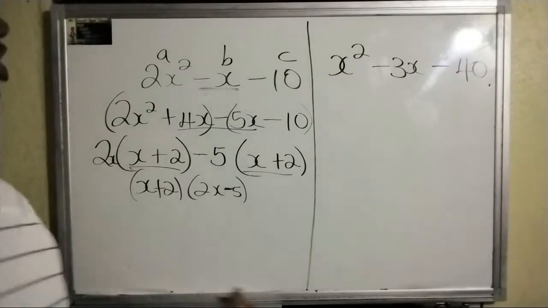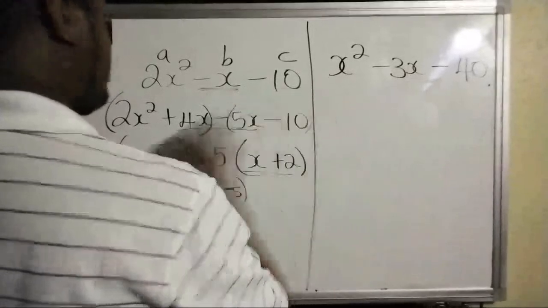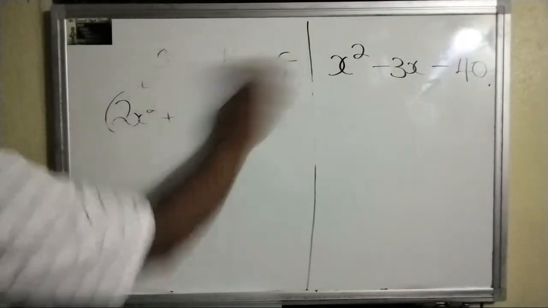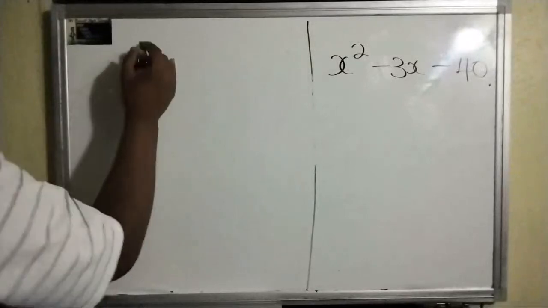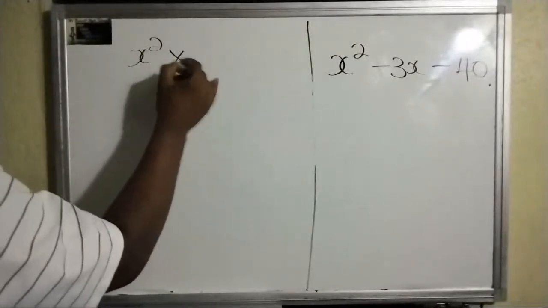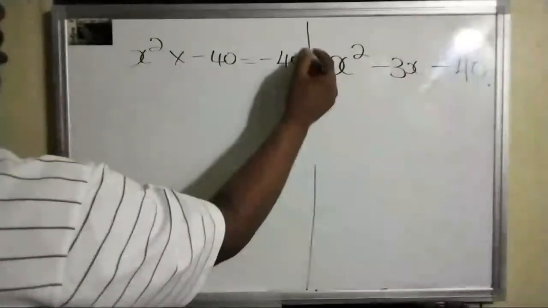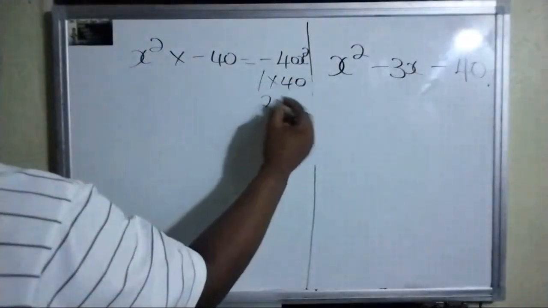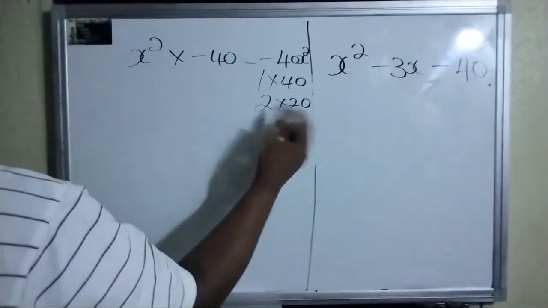Alright, so we have x squared times that. So it will be x squared times negative 40, which is equal to negative 40x squared. And then now 1 times 40 and 2 times 20, right? 3 can go into 20, right?